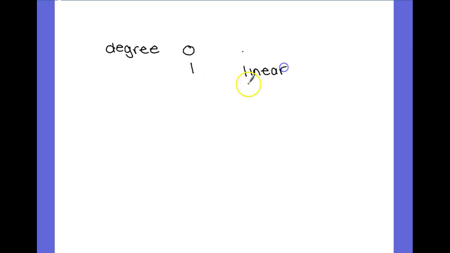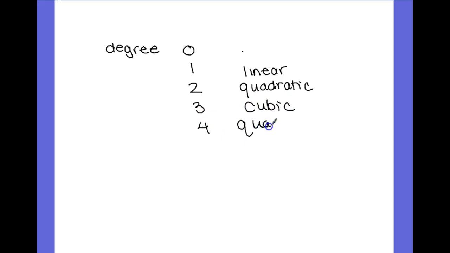Degree 2 is, then 3, and they just go to whatever, 6, 7, 8 degree. So what's 0? A straight line. Not wrong, it is a line. A linear function's derivative becomes a constant, the slope of that original.